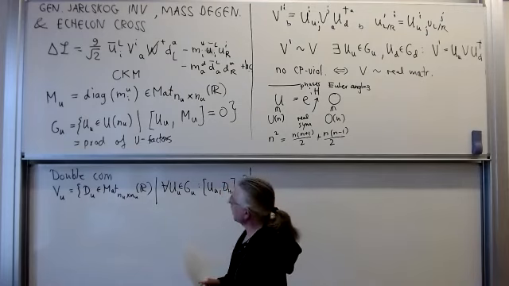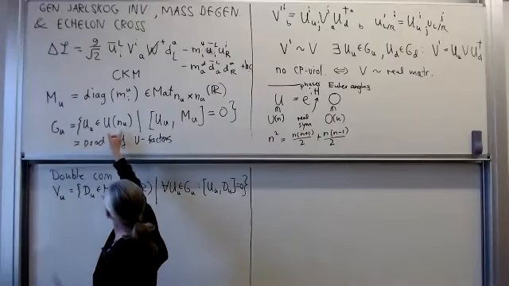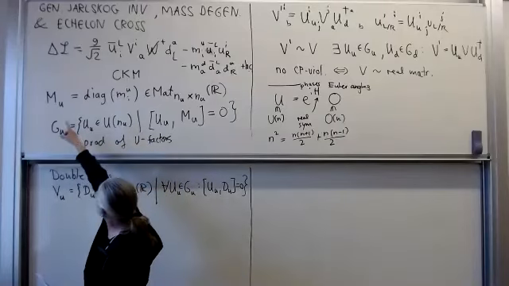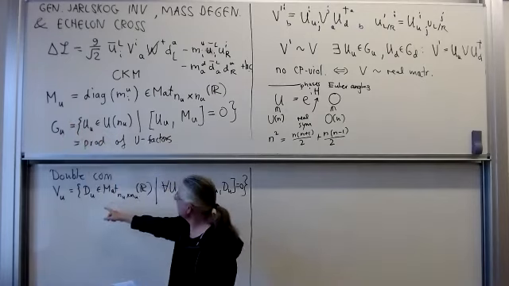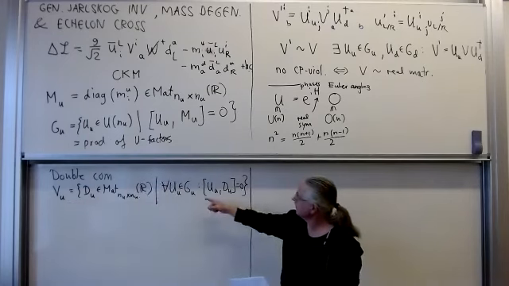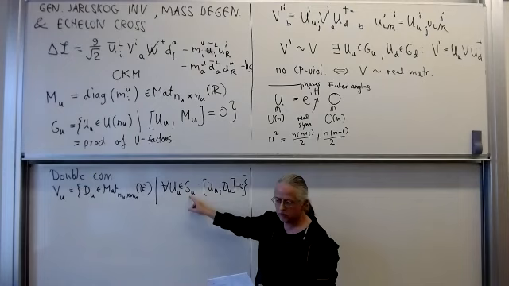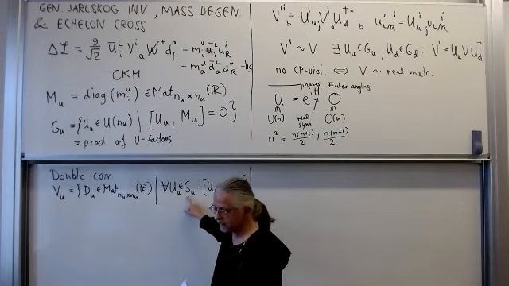This is why I call it double commutant, because the group is sort of the commutant for the mass matrix, and here we're talking about the vector space which commutes with our group, which is already the commutant, so to speak. So I call it the double commutant.